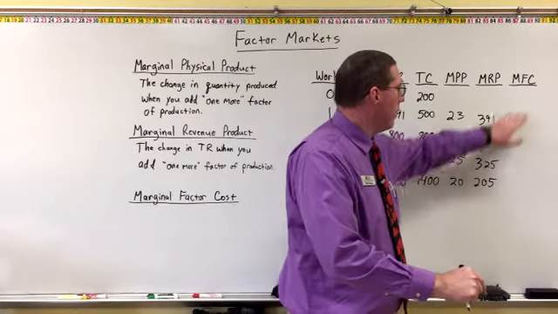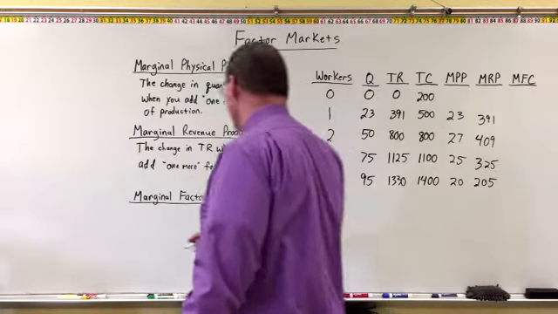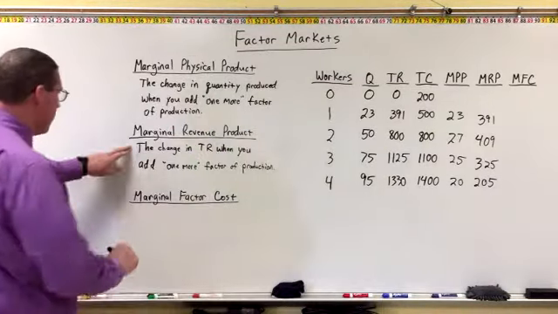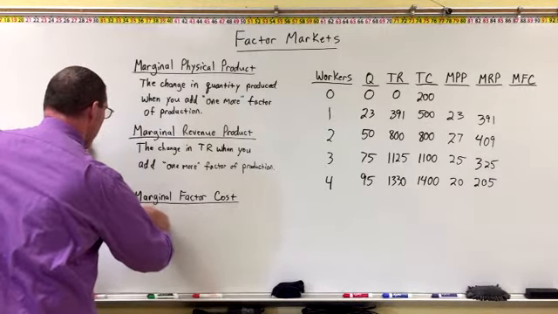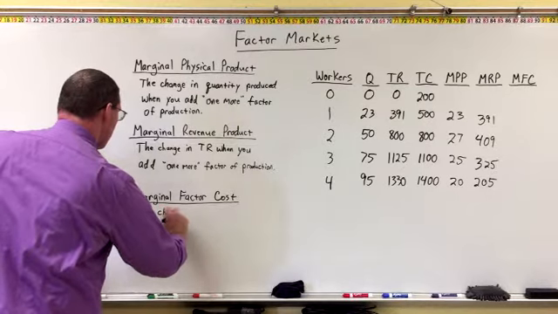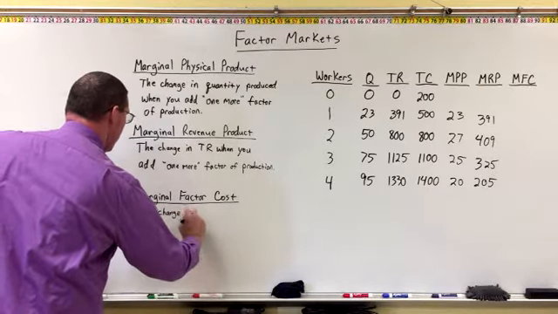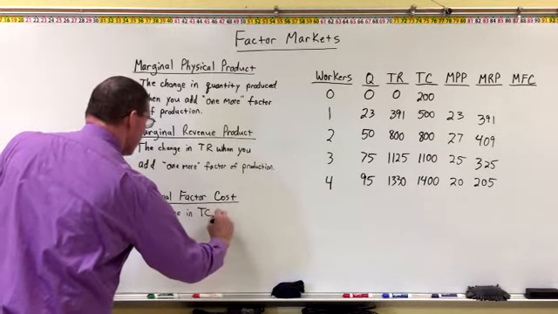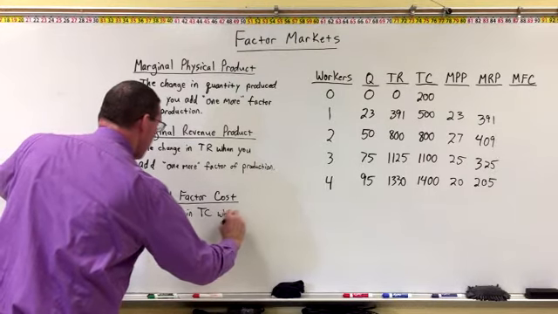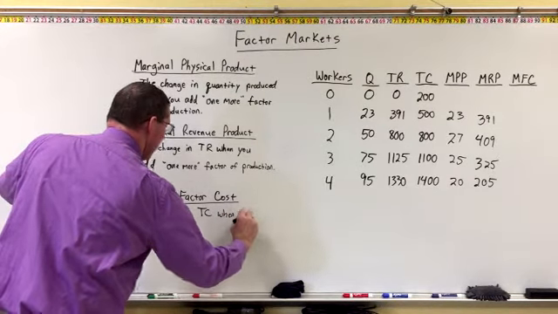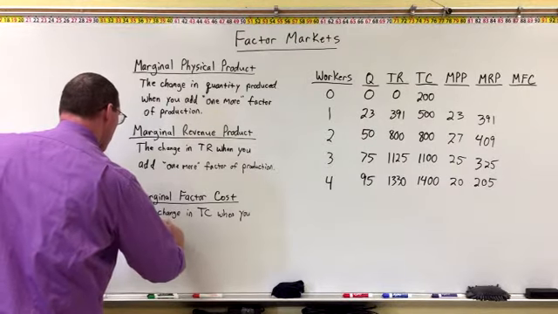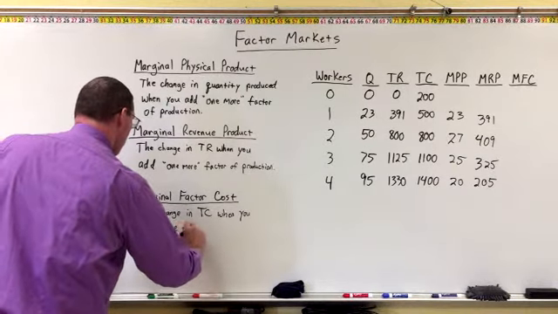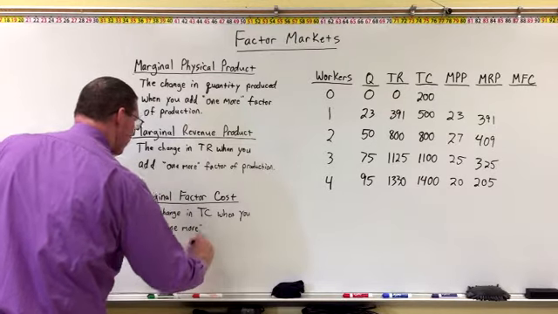Okay? Now let's look at marginal factor cost. This is another really easy one. Again, instead of the change in total revenue, it's the change in total cost. The change in total cost when your company, when a firm, when you add or employ one more factor of production.